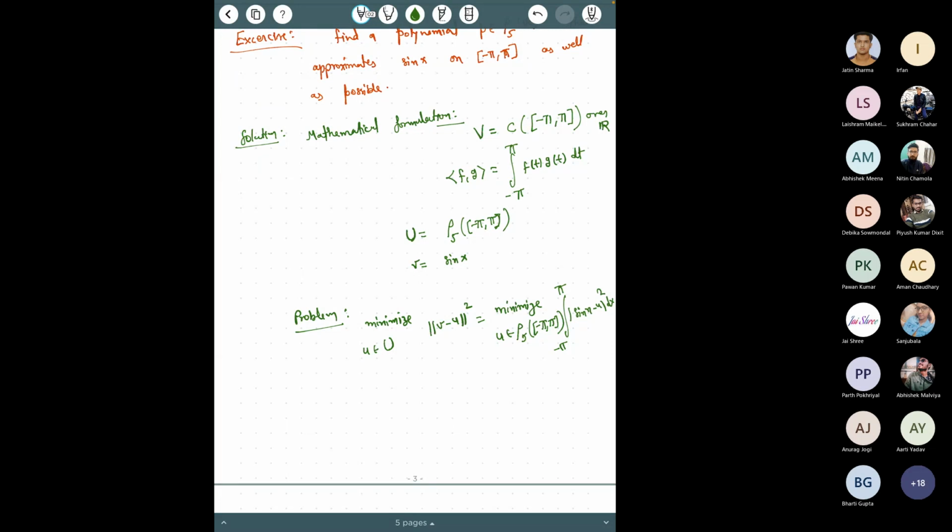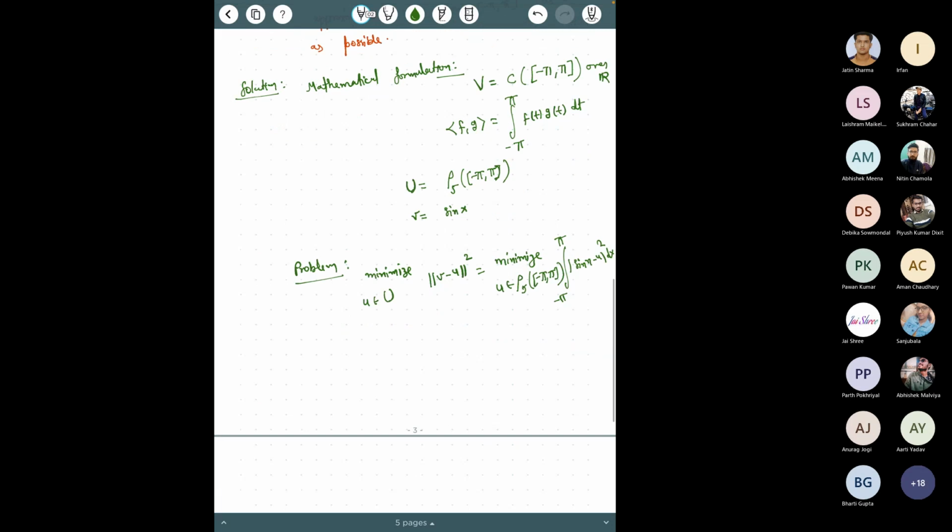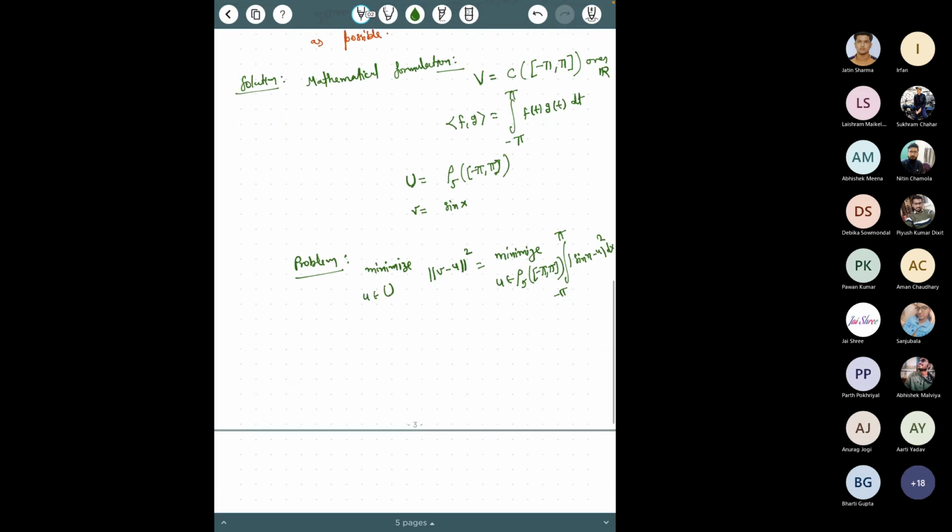And since this is just the best approximation problem, I also know what the solution would be, from the previous result.